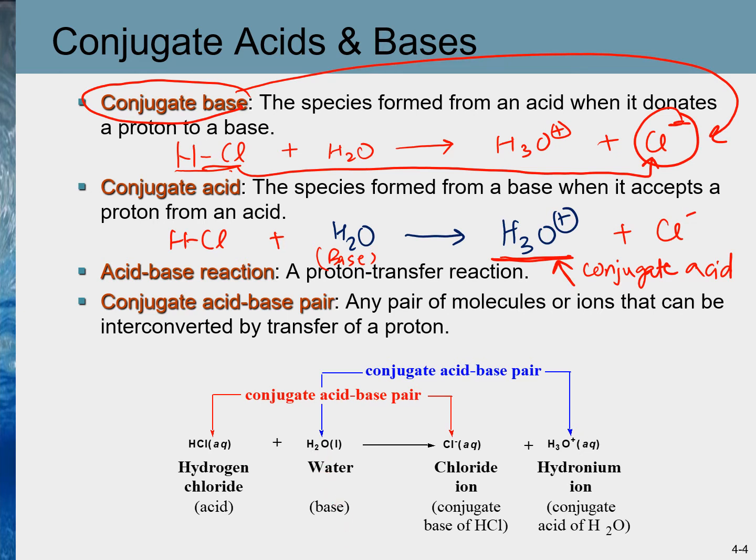After donating the proton, the leftover part is Cl negative, which is the conjugate base of HCl. And after accepting the proton, the new species formed is the hydronium ion, which is the conjugate acid of water.